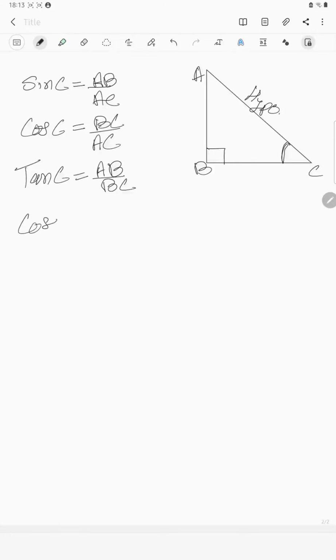Then we have cosec C, which is equal to 1 upon sine C, so we get AC, the hypotenuse, upon the opposite AB. Similarly, sec C is the reciprocal of cos C. Cos C is BC upon AC, so its reciprocal is AC upon BC.